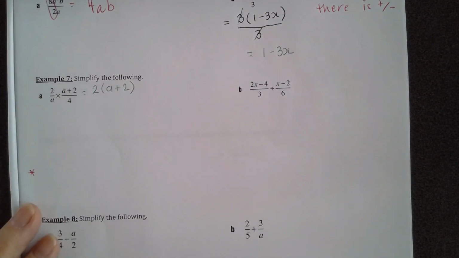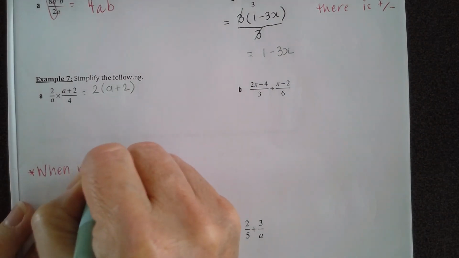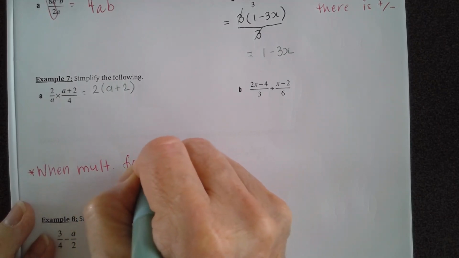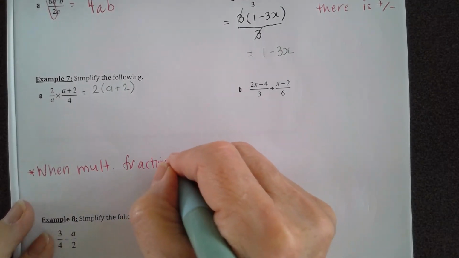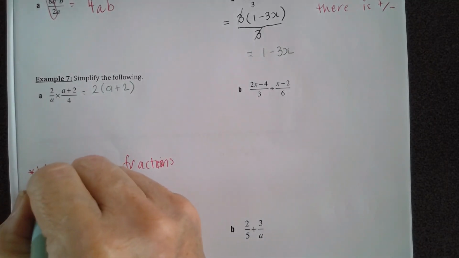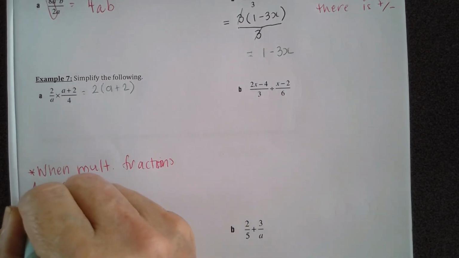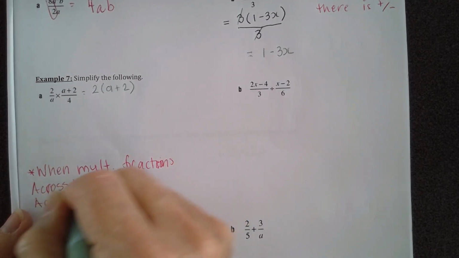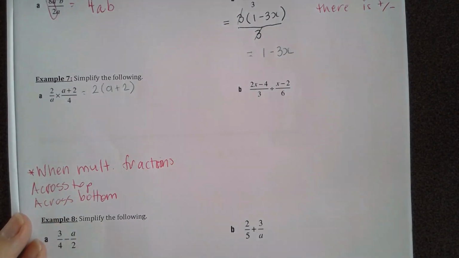When multiplying fractions, you go across the numerator and across the denominator.